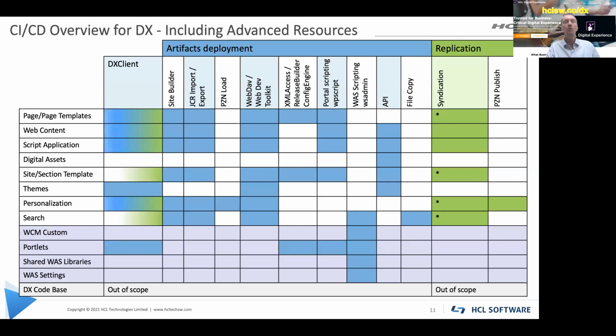And the final chart is also showing advanced resources, because in some cases you want to build maybe Java portlets or Java applications and do some WAS settings and shared WAS libraries and do customizations on WCM, like custom workflow actions or custom JSPs or anything like that. So for that, we again have some tools that allow you to do that.